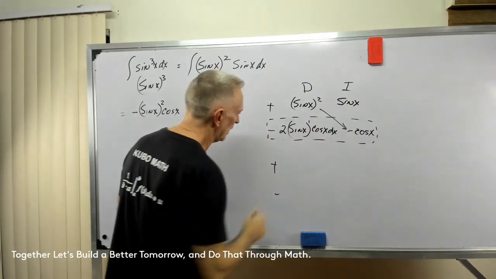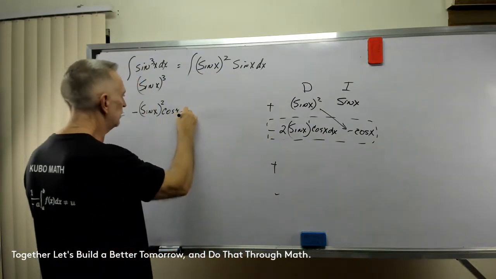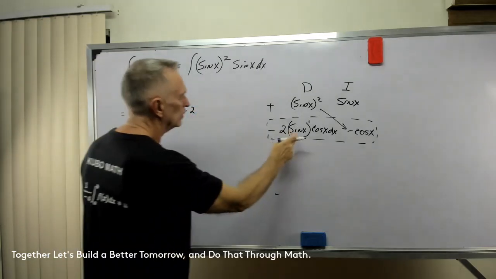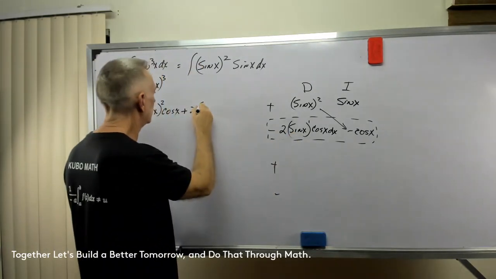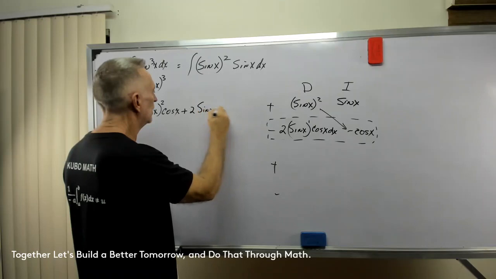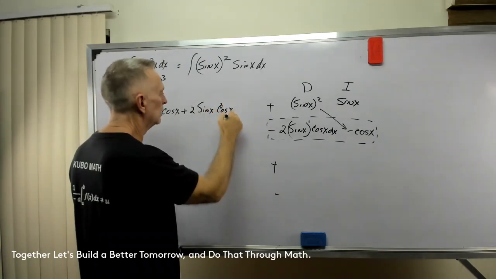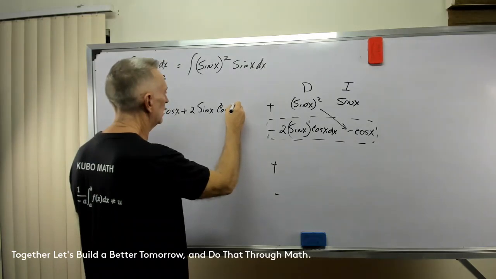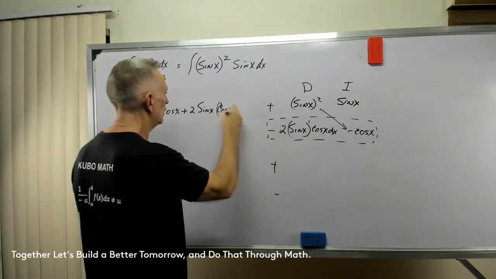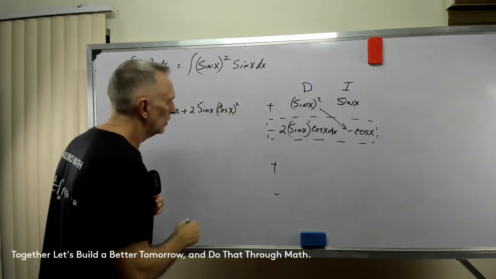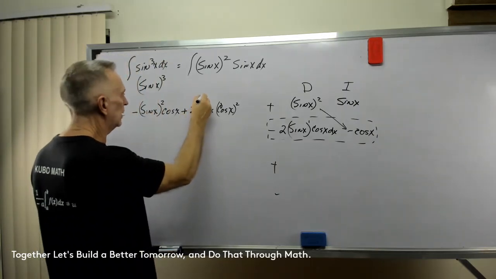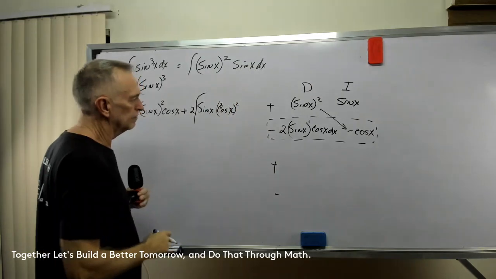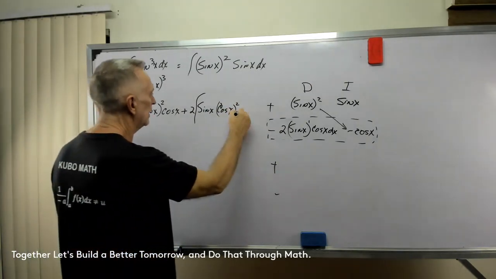So I have two negatives, so that gives me a positive 2 times sine x cosine x, but I have it times another one, and that's cosine x squared. So 2, and this is an integral, 2 sine x cosine x squared, dx.